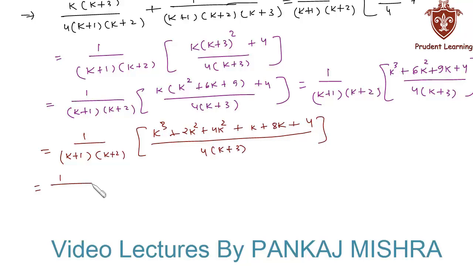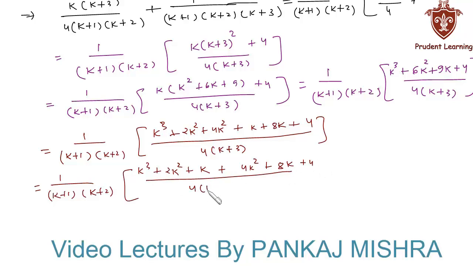This is equal to 1 upon k plus 1 into k plus 2 into k cube plus 2k square plus k plus 4k square plus 8k plus 4 upon 4 times of k plus 3.